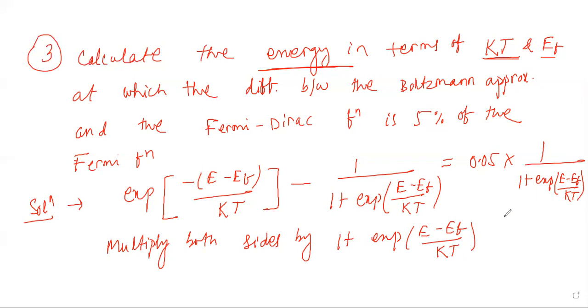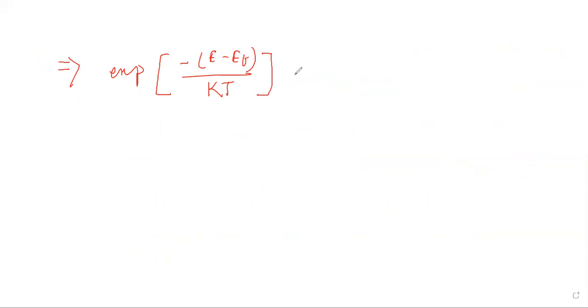So I write exponential of (E minus EF) divided by kT, multiplied by 1 plus exponential e to the power (E minus EF) divided by kT, minus 1 by 1 plus exponential of (E minus EF) by kT multiplied with this, which will be 1 only.